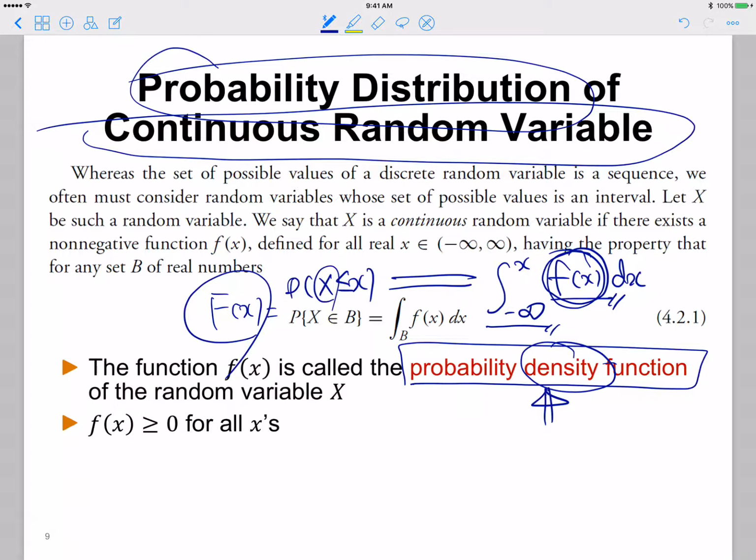So that way, the lowercase f can be considered exactly as the velocity. Again, how fast our probability is increasing is represented by that lowercase f of x.